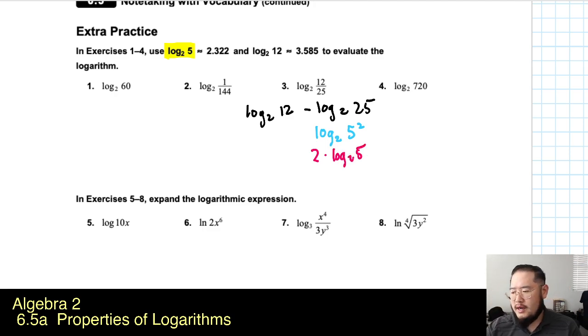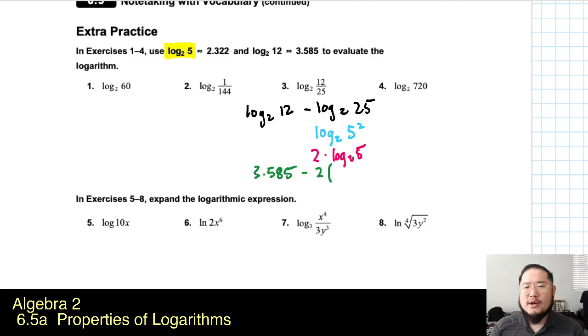Let's go ahead and now substitute in our numbers right here. Log base 2 of 12, we already know that that is 3.585. And then 2 times log base 2 of 5 right there. Let's go ahead, we got 2, and then I'll put in parentheses. Log base 2 of 5 is 2.322.